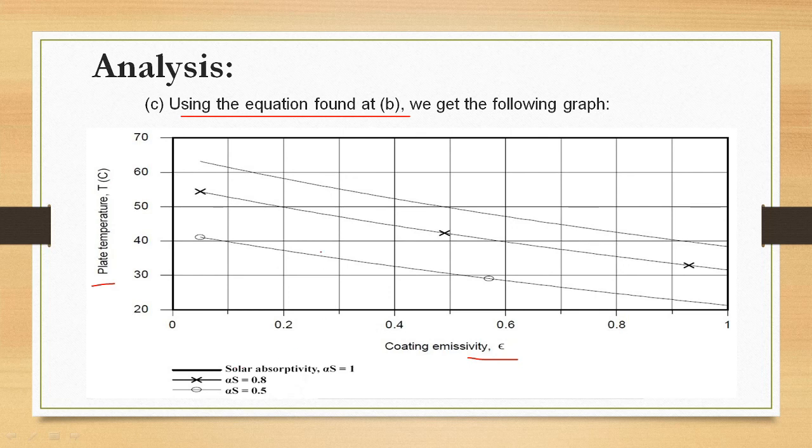The straight black line represents the absorptivity when it's 1. The next line, the one with x, has the absorptivity 0.8, and the last one with the circular markers shows the curve when the absorptivity is 0.5.